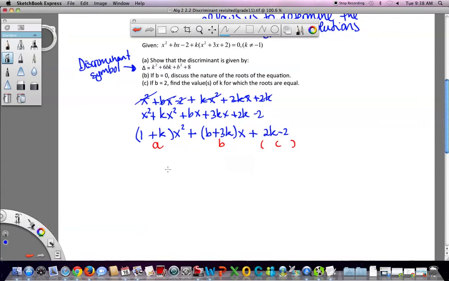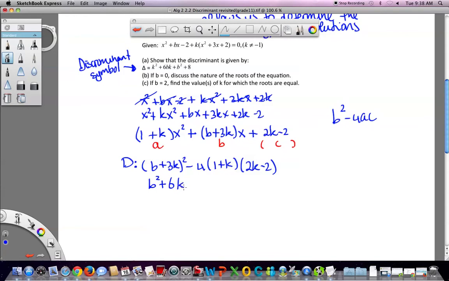Now we're going to plug that into the discriminant, right? So b squared minus 4ac. The discriminant, and I'm just going to use a capital D, would be b plus 3k squared minus 4 times 1 plus k times c, which is 2k minus 2. Multiply that out, so that's b squared plus 3kb twice, so that is 6kb, minus, and I need to do this one first, so that's 2k minus 2 plus 2k squared minus 2k.